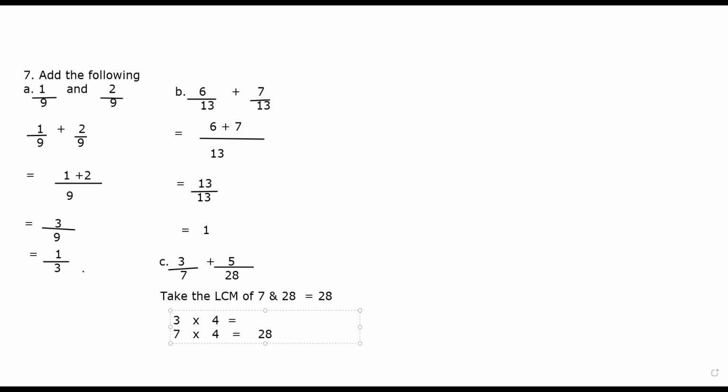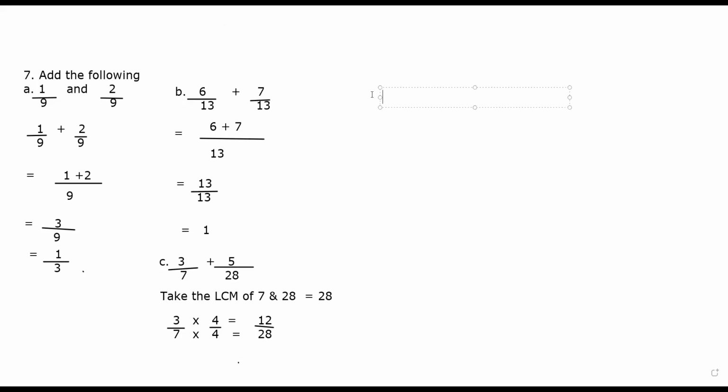So this will become 12. This is how. And 5 upon 28 is already 5 upon 28, so we don't need to change it again. We now simply add the numbers.